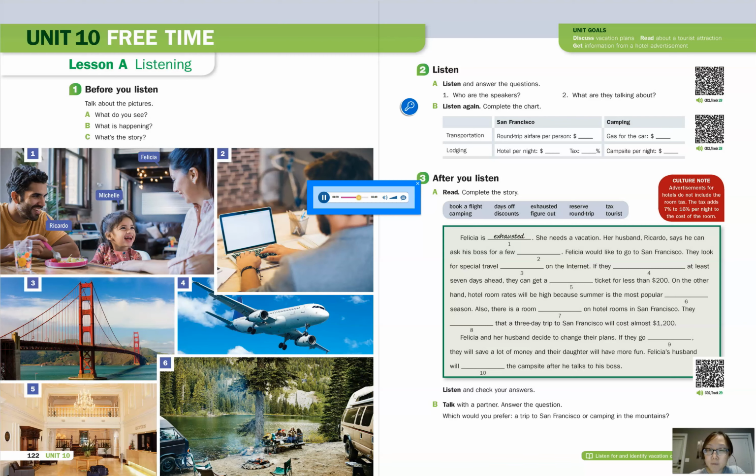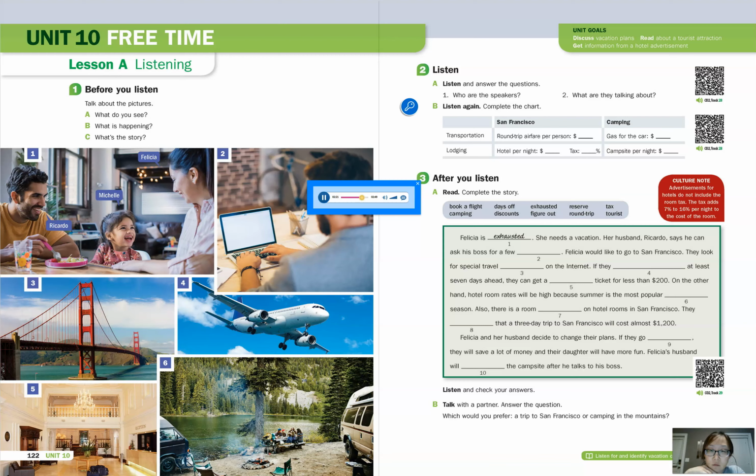Maybe we should just go camping instead. Yeah, you're probably right. We could go to Big Bear Lake. If we do that, how much will it cost? Well, gas will probably cost about $100. The campsite will cost about $35 a night, and then there's food.